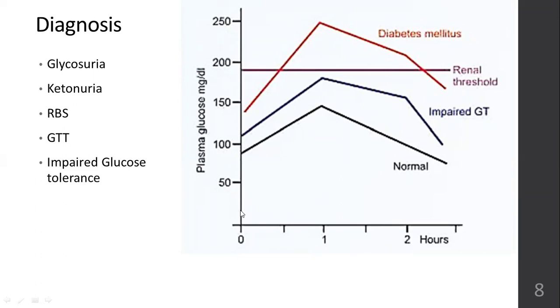If your random blood sugar level is more than 200 mg per deciliter, that is the amount of glucose in the blood at any time of the day, it means you are diabetic.